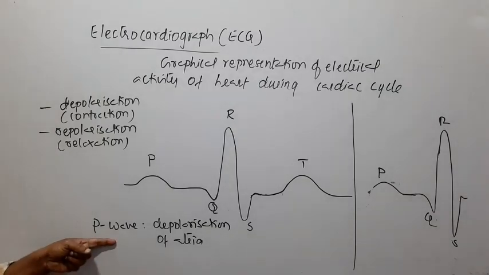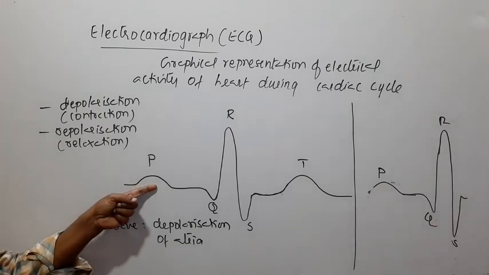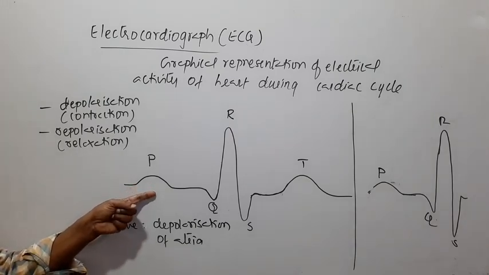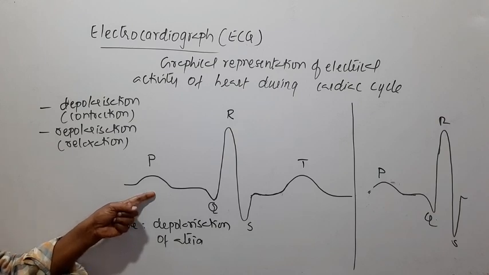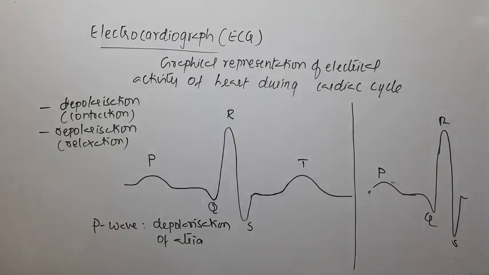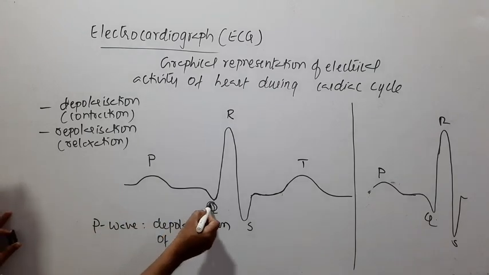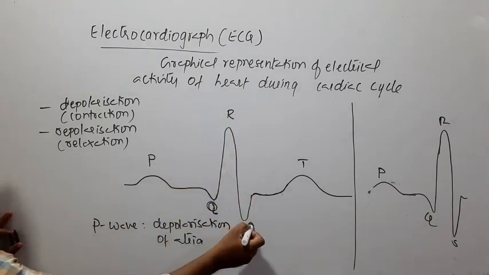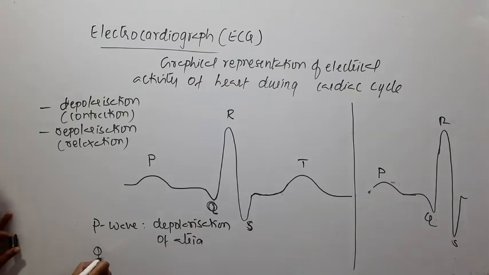So P wave represents this deflection when the sino-auricular node generates an action potential that is spread all over the atria walls, then it results in the contraction of atria. So that is the P wave. Then next goes with the QRS. So these three we take together, and we call it a QRS complex.